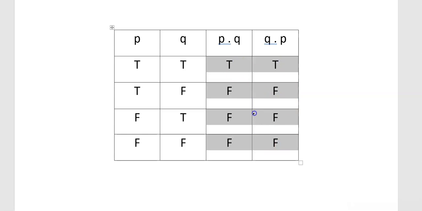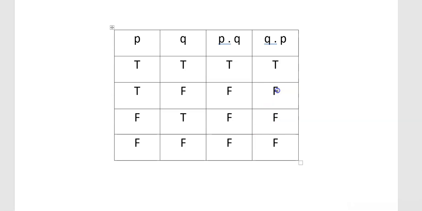P dot Q and Q dot P have the same truth value, and therefore logic suggests that they must have the same logical relevance. For some, Q dot P and P dot Q mean the same, but that is not the case. In fact, it is not always the case that P dot Q and Q dot P mean the same.